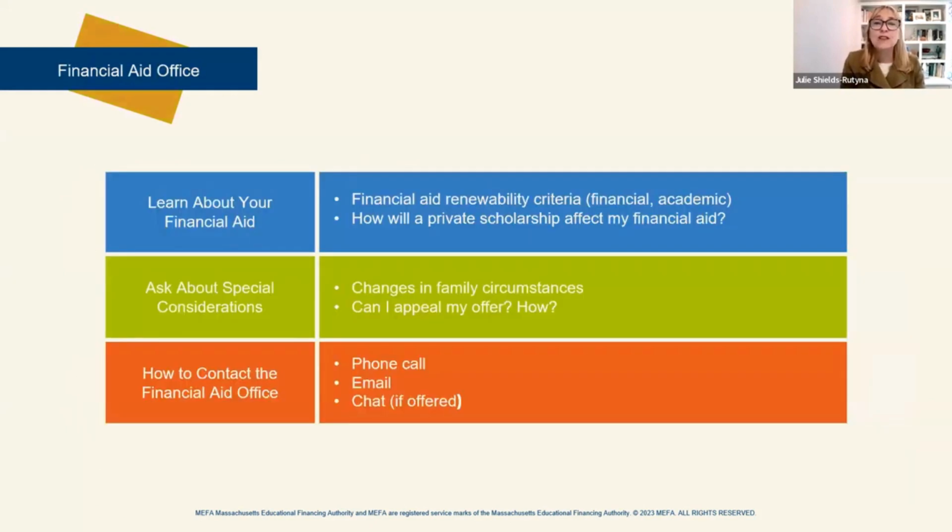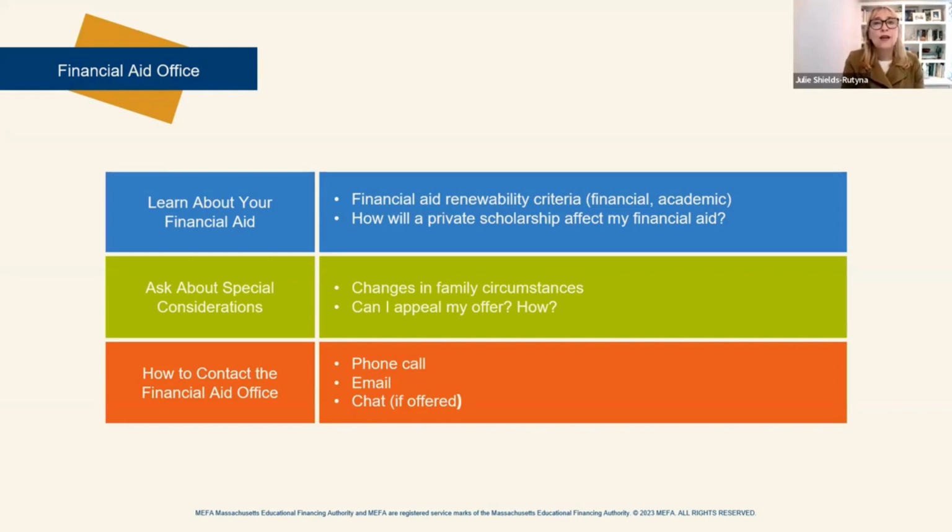And the financial aid office, once you've applied to a college and applied for financial aid, becomes a great resource for you. So you can ask them questions about financial aid renewability criteria. You can ask how a private outside scholarship will affect your financial aid.